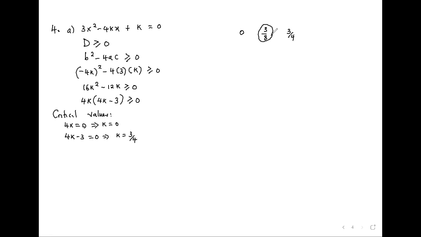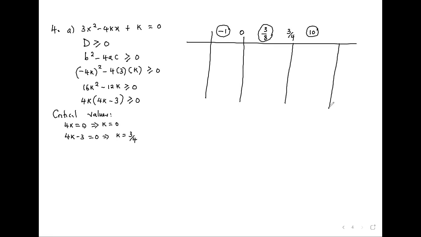We know it's less than 3 over 4 but bigger than 0. If we pick 10 on the right, we know 10 is bigger than 3 over 4. If we pick negative 1 on the left, that is less than 0. And then we form a table with these blocks, and we'll have 4k, and then 4k minus 3.